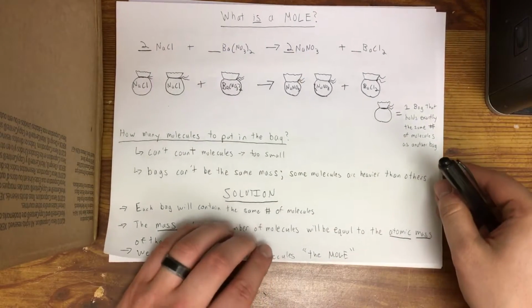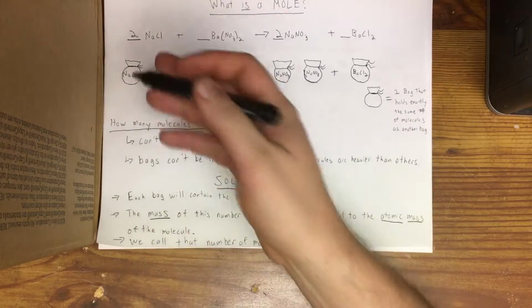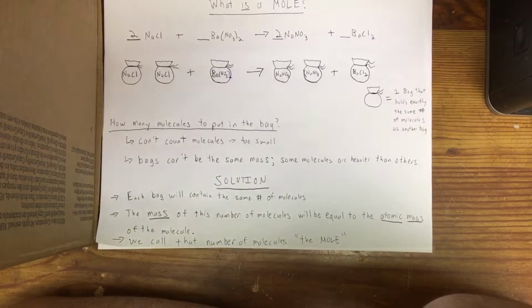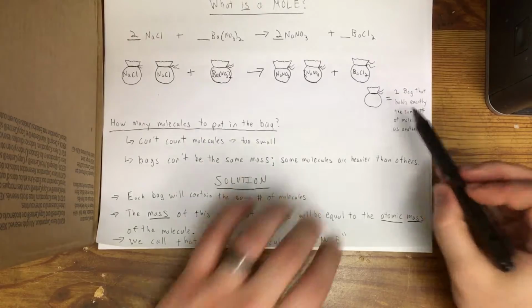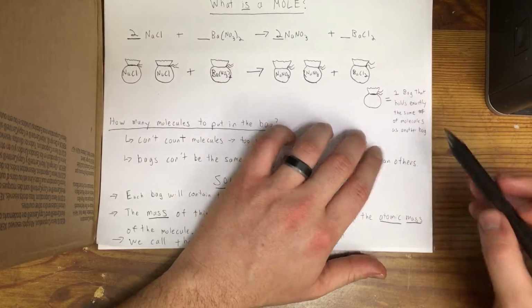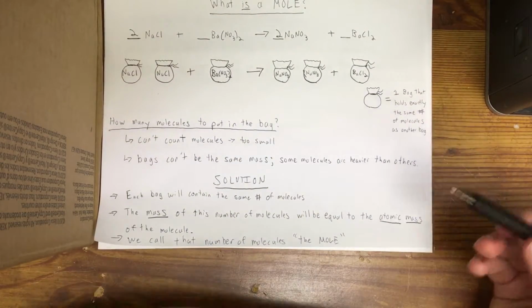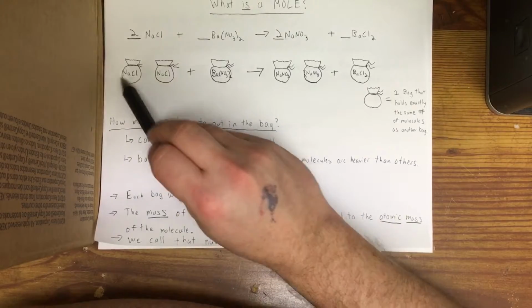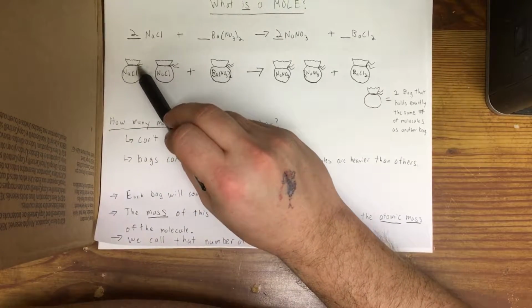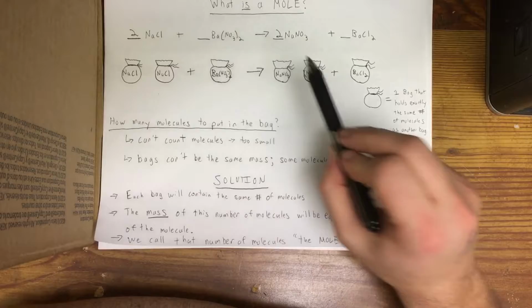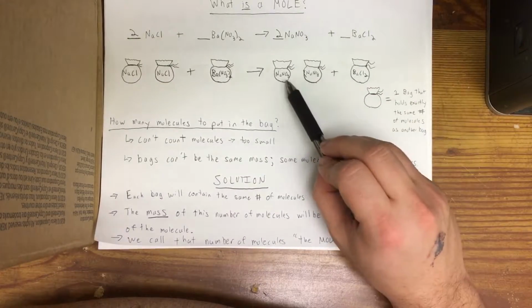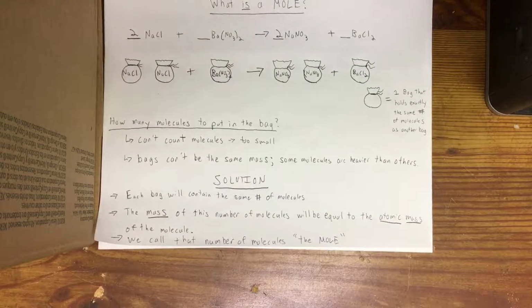A way to think of it is to pictorially represent this chemical equation using these bags. And we'll call this symbol a bag that holds exactly the same number of molecules as another bag. So this bag is capable of holding exactly the same number of molecules as this bag, is capable of holding the exact same number of molecules as this bag. Each of these bags holds the same number of molecules.